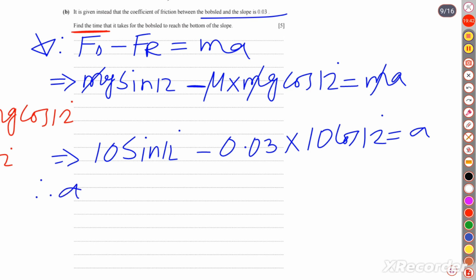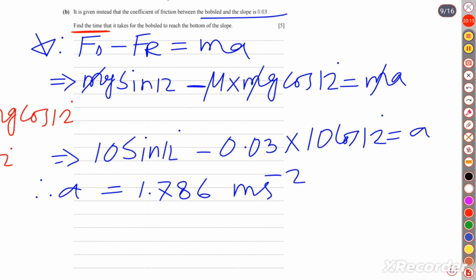Our acceleration is equal to, let me calculate this, 10 sine 12 degrees minus 0.03 into 10 cos 12, which is 1.78, let me write a few more digits, 1.7856, so let it be 1.786 meters per second squared. That is the acceleration.